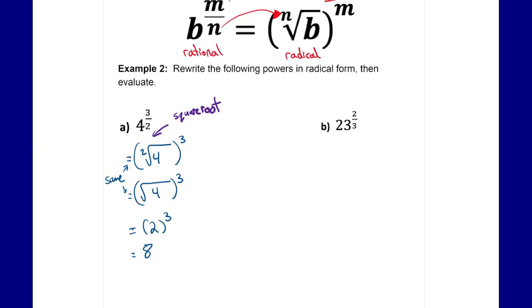For our next one, 23 to the power of 2/3. If I convert it, it's going to be the cubed root of 23 to the power of 2. Now this might not give us a nice value, because if we do the cubed root of 23, we don't get anything nice.